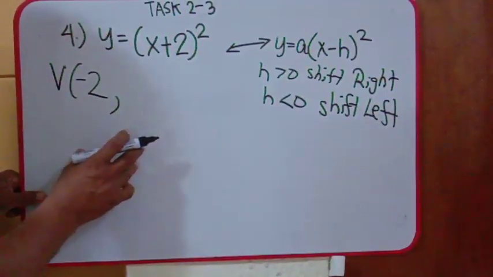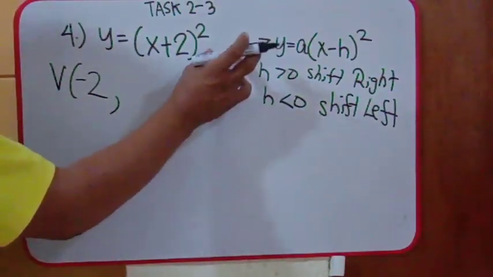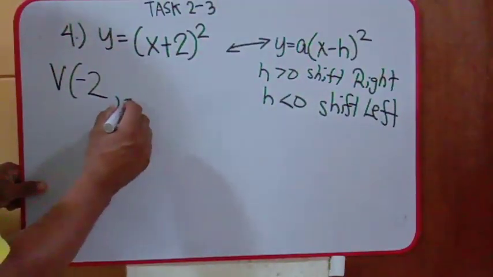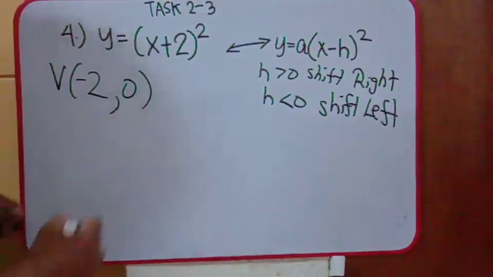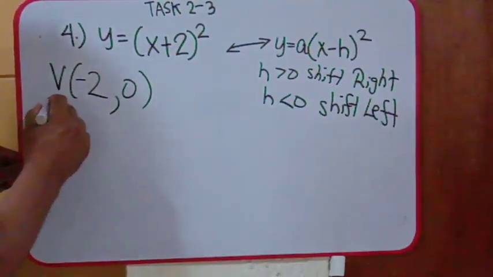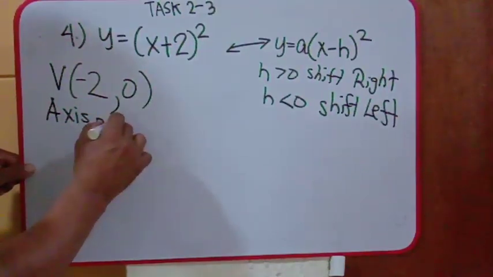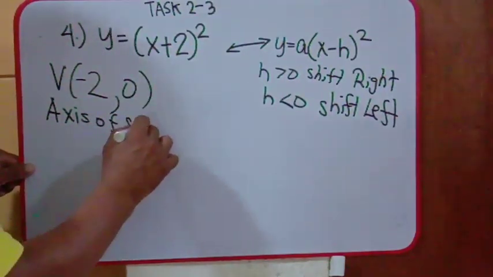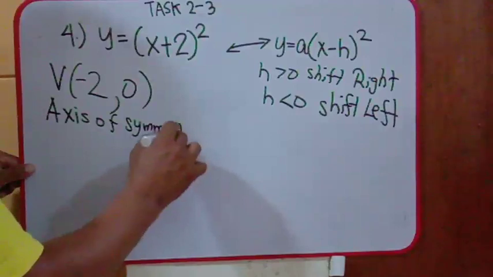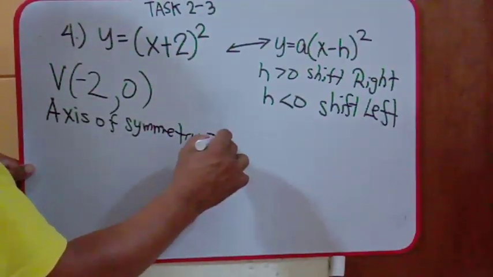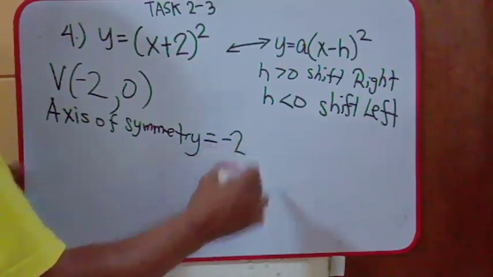And our k, so wala siyang number or wala yung k dito, walang constant sa labas, our k is 0. Okay? Axis of symmetry. Ano ang axis of symmetry natin? Which is h equals to negative 2. So, axis of symmetry is negative 2.